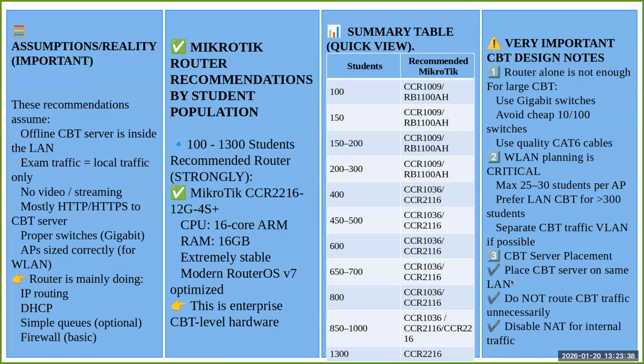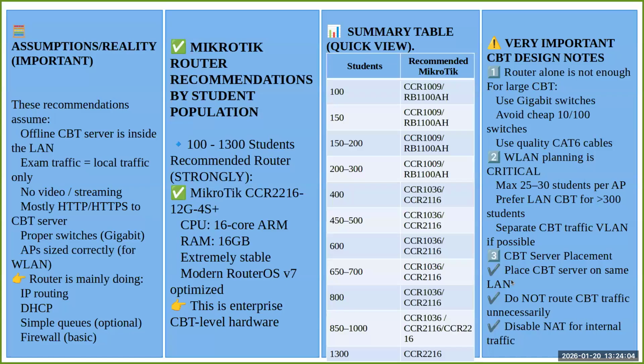Now, if you are running VLAN in the school, make sure we separate and segment our VLANs properly to know which one is CBT traffic. If the CBT traffic is inside a VLAN, make sure it is properly labeled and well documented.